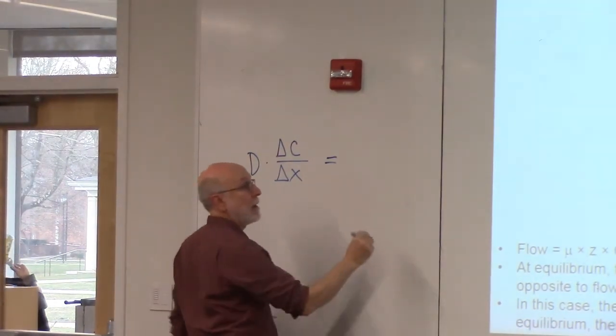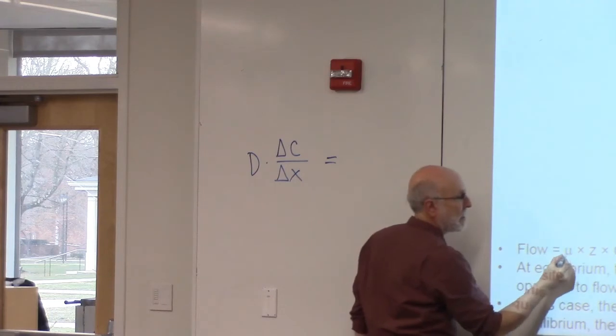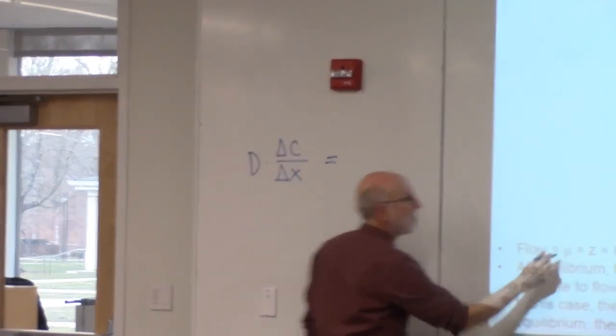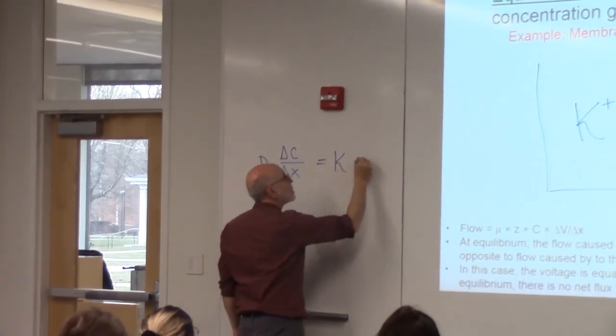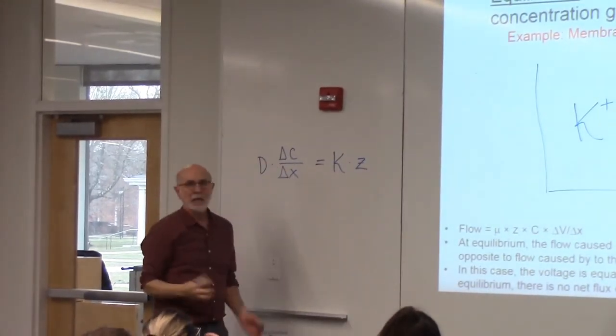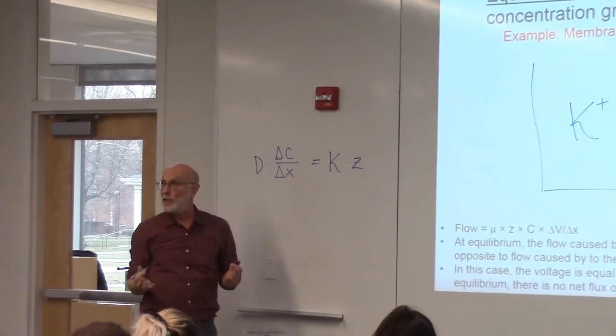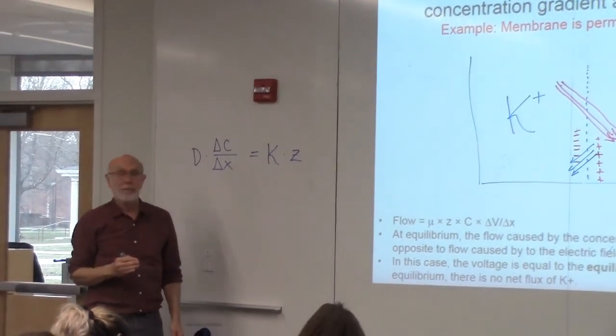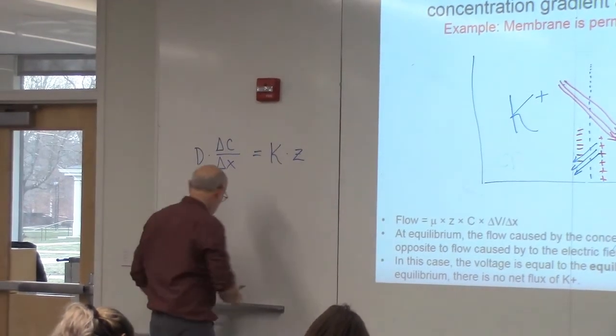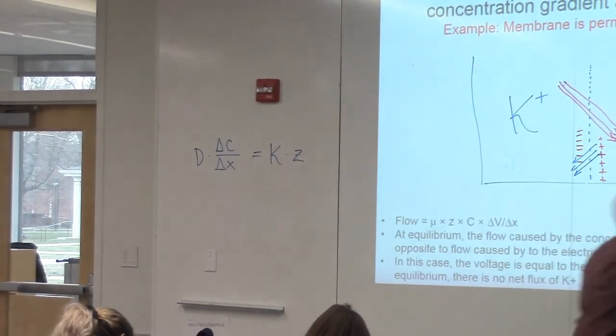We're not going to get into the charges that define whether it's equal and opposite. But now we have, let's just turn this into another constant times the charge of the ion, because we could talk about chloride, which is a negative charge, or calcium, which has two charges. So, no, we'll just leave it the way it is.